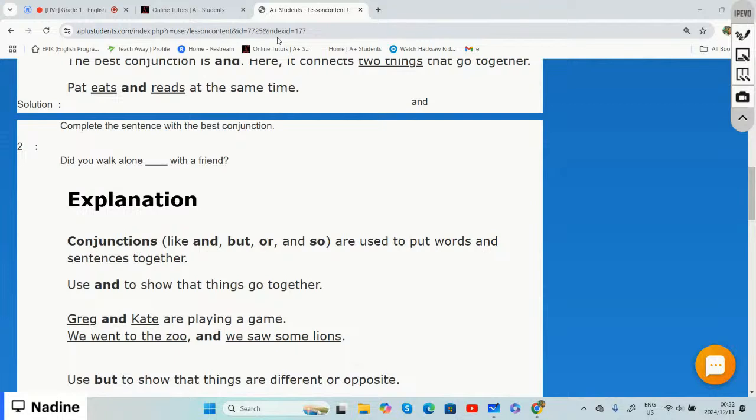So we have or, and this shows a choice. It's either this or that, or something that happens because of someone or something else.